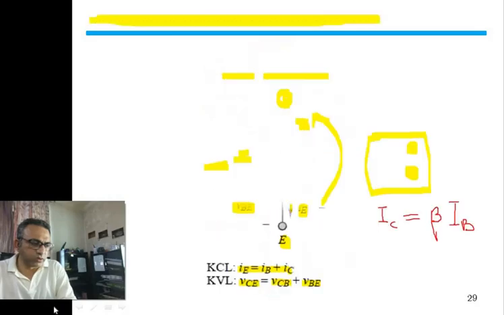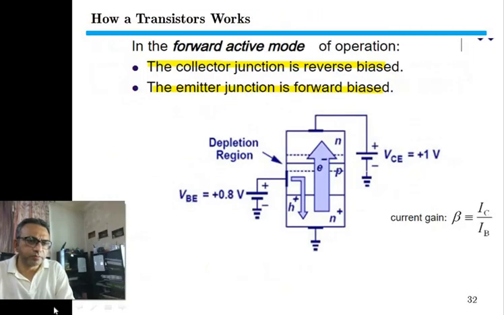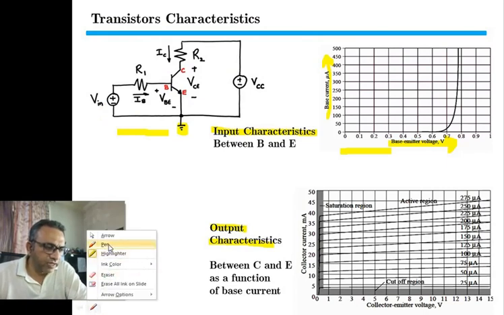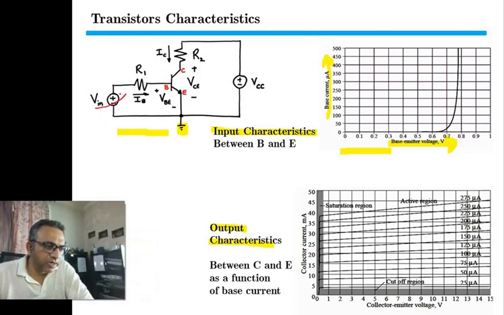So let us now come to the original slide. So in this input characteristics, Vin is the external power supply. It is kept variable. We can vary the input power supply. So this arrow represents a variable power supply. This is IB. IB is the current flowing through R1 through base emitter and into the power supply.